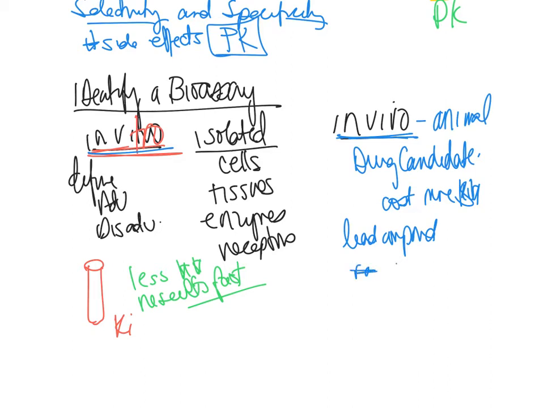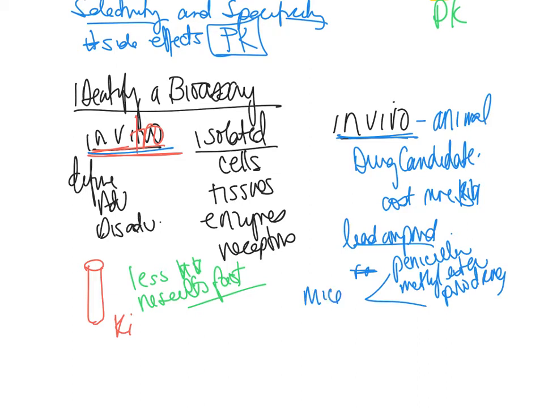Okay, so let's take penicillin, a penicillin methyl ester prodrug. That will be hydrolyzed in mice and rats, but not in rabbit, dogs, or humans.